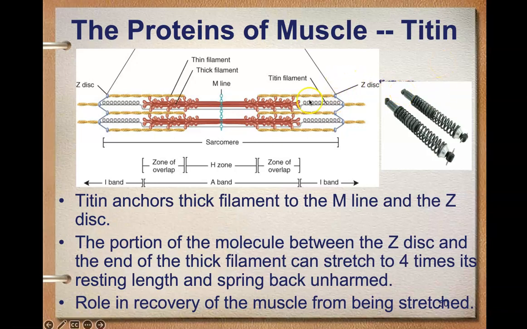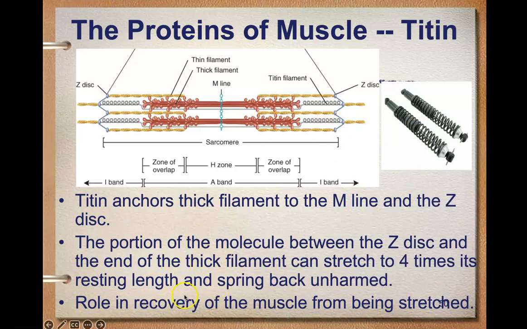Because that's what a spring would do, go back to that original state unharmed. So this is what helps to allow that sarcomere to do that. Again, I like to picture it just like the springs and the shocks of your car or your SUV, okay?